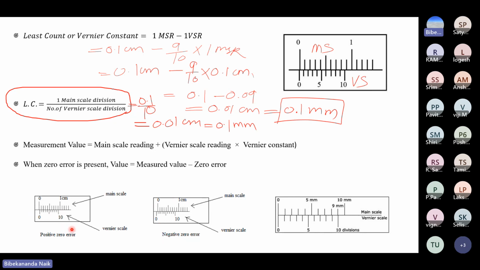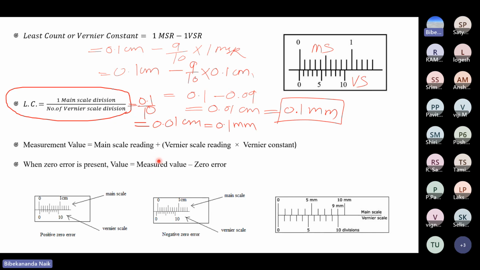The errors are positive or negative depending on whether the vernier scale zero lies above or below the zero value. When it lies above the zero value, it is positive zero error. When the vernier scale zero lies below the zero value of the main scale, it is negative zero error. So these are the two types of zero error involved.